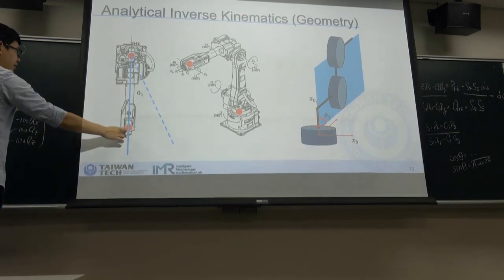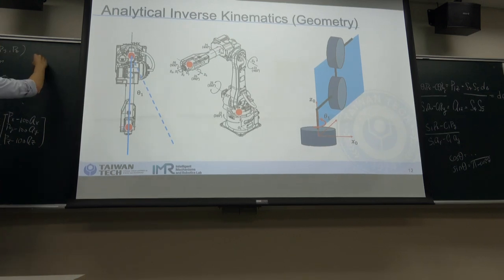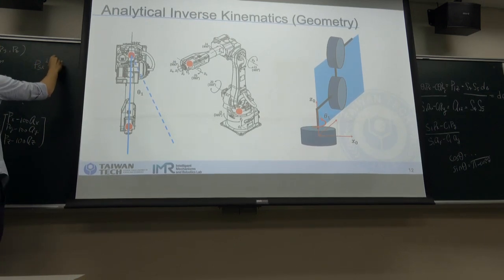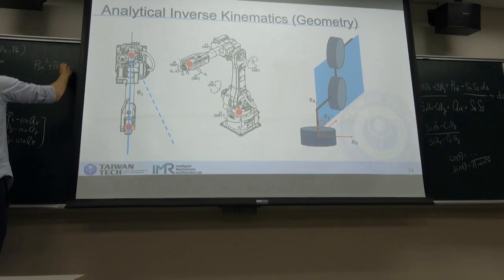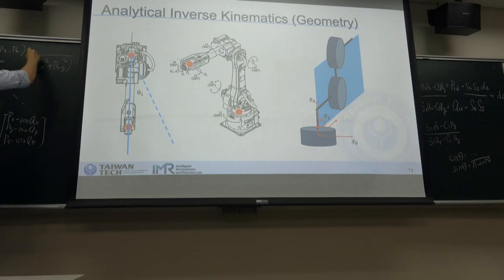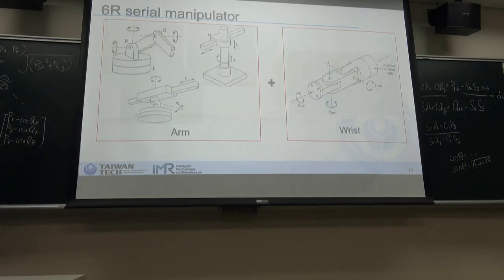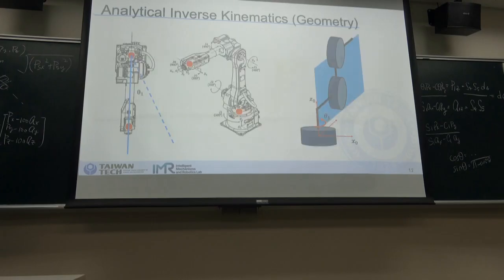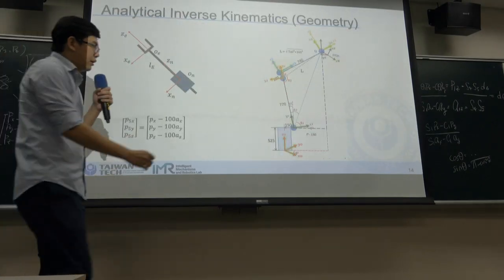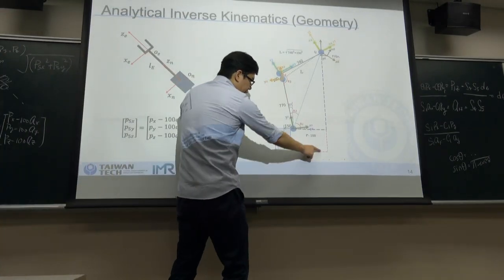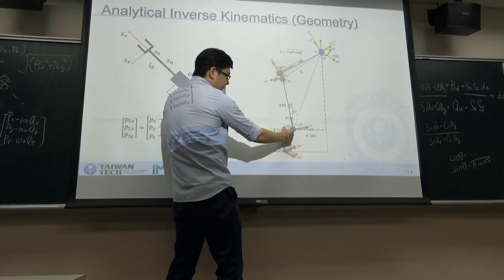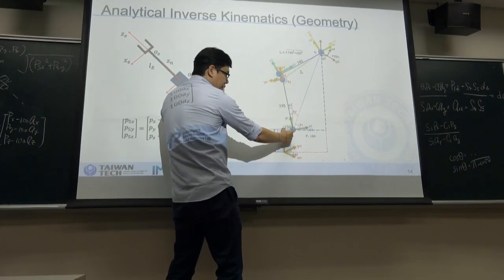And the length over here will be the square root of P5x squared plus P5y squared. This is from the base frame, and here there is another 150 length.